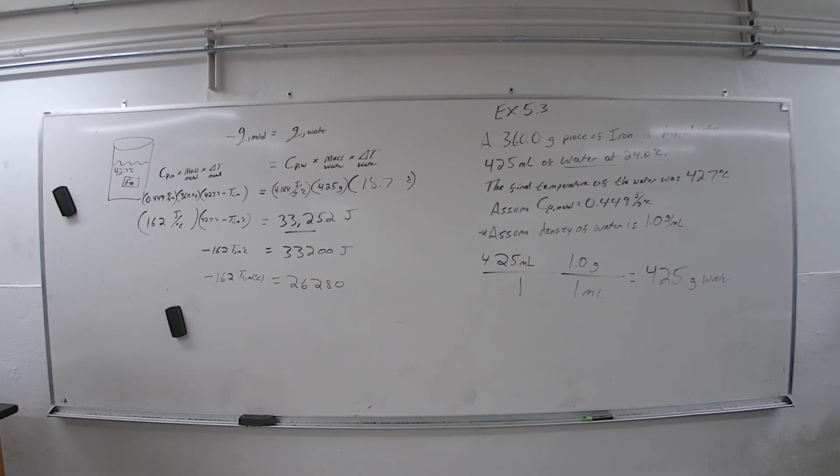That's right. We divide that by 162. My problem is we're going to end up with a negative value, but we shouldn't.